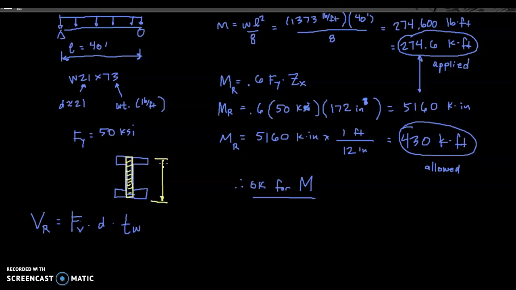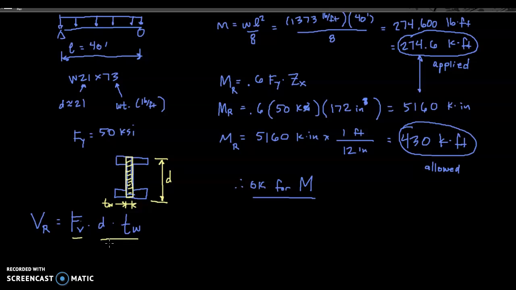So it has a height of d, that's the depth of the steel beam, and thickness is t sub w. So this d times t sub w is basically just the area of that rectangle multiplied by the shear stress.